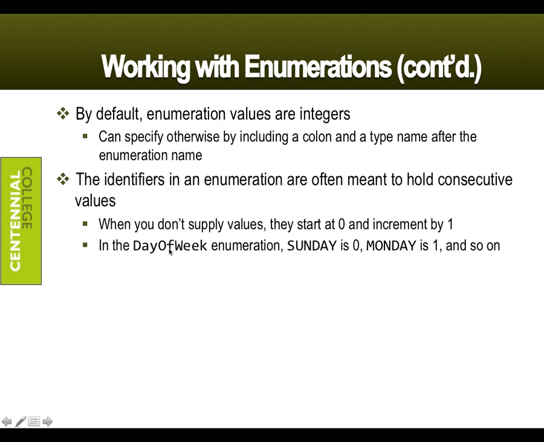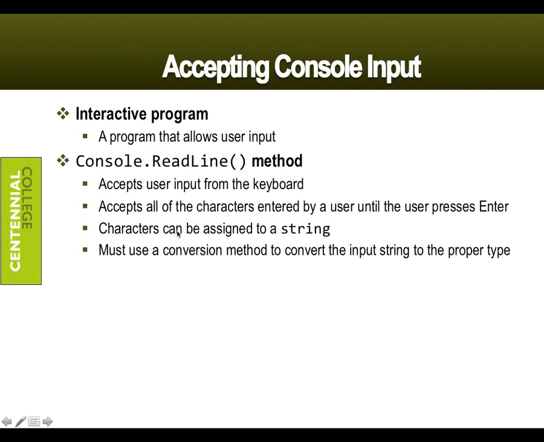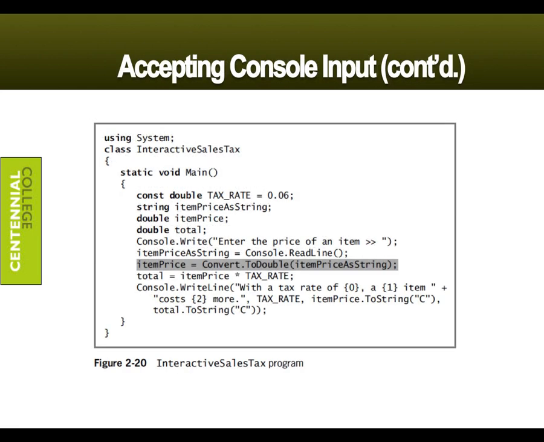So when I say in the day of the week enumeration, Sunday is 0, Monday is 1, and so on. And here's an example, by the way, of a constant. Constant tax rate is 0.06%. My tax rate's never going to change. So it's a good example of a constant, which is double, by the way. It's always double, because you can't convert it to float.